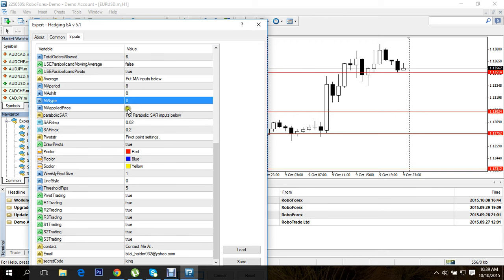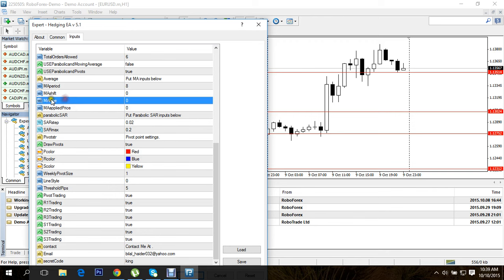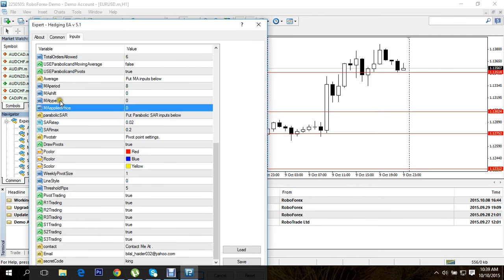And actually I already posted the links to this documentation, or this reference, in the document which I made for the previous version of this expert advisor. So if you can't find that, you download the document from my website, and you will find the links there.